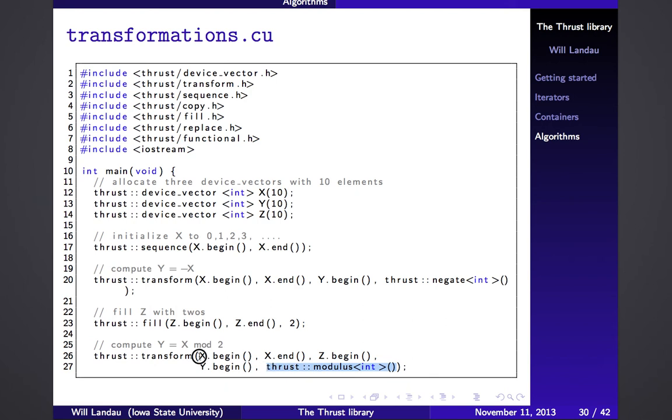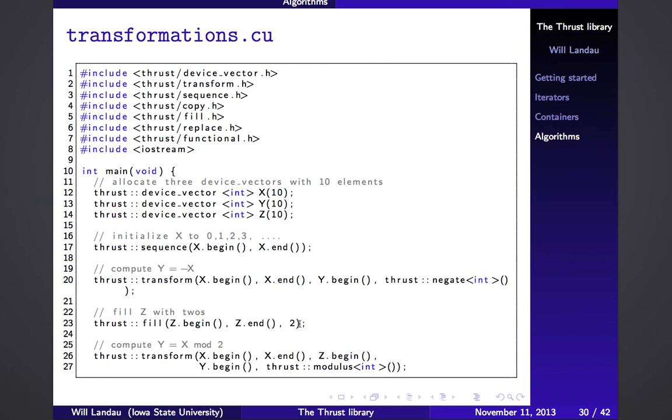So I can do the same thing. I can take these elements of x, store them in z, and, oh yeah, I can store them in y. I don't think the z begin should be here. But anyway, I can take these elements in x, and I can take the modulus function, which by default is going to take, I do need z begin.